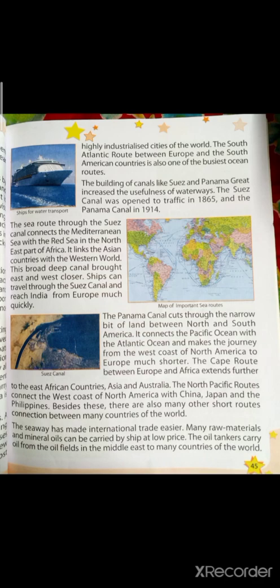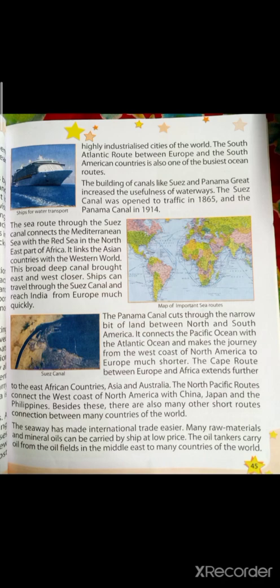Then we have the Panama Canal. It connects the Pacific Ocean with the Atlantic Ocean and makes the journey from the west coast of North America to Europe in a very short time. Then some of the important routes like the North Pacific routes connect the west coast of North America with China, Japan and the Philippines.